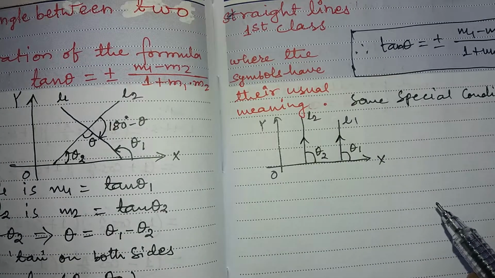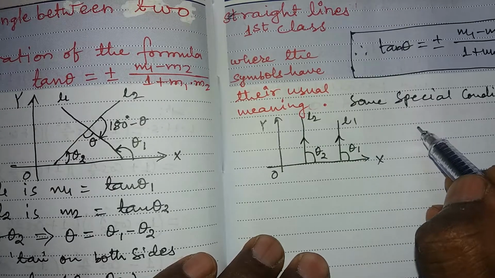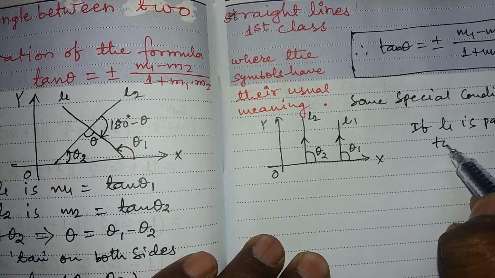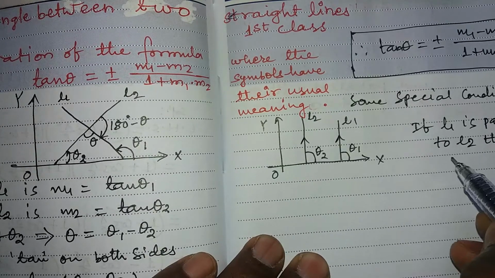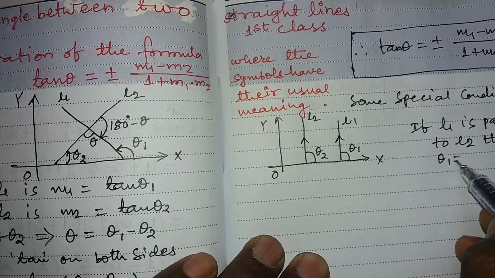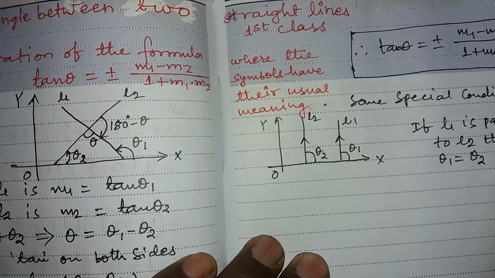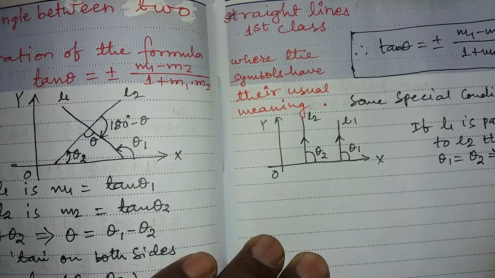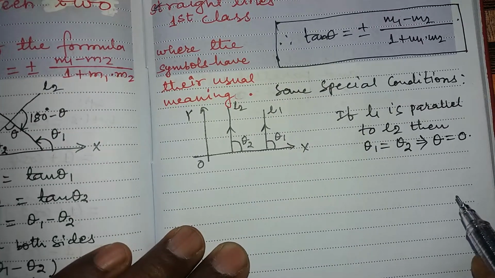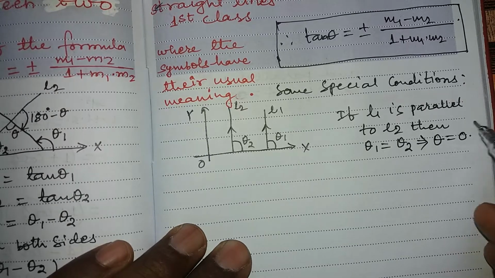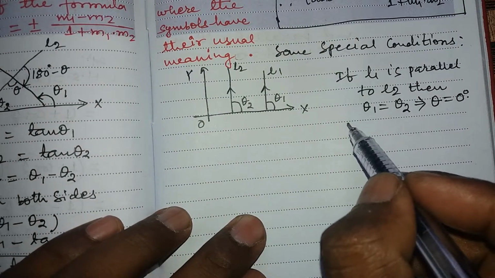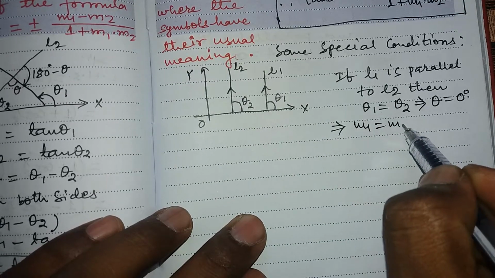So the condition is: if L1 is parallel to L2, then theta 1 equals theta 2, and the angle between them, theta, equals 0 degrees. So if theta 1 equals theta 2, that means m1 equals m2.